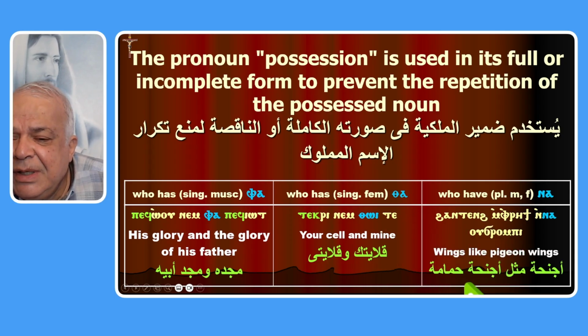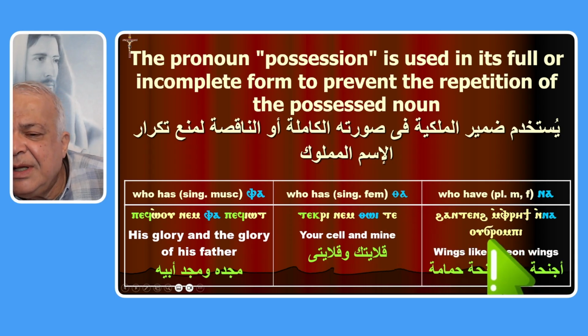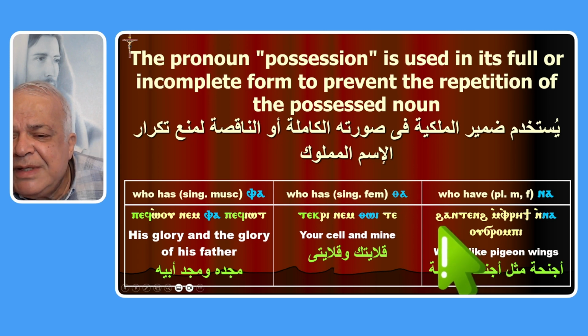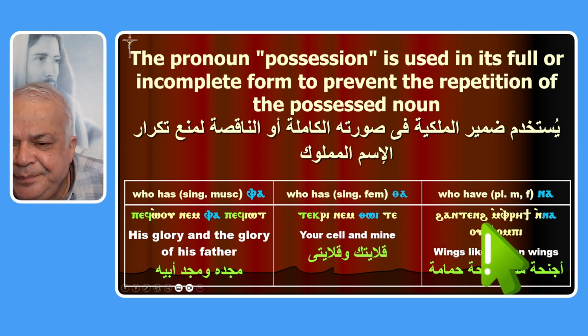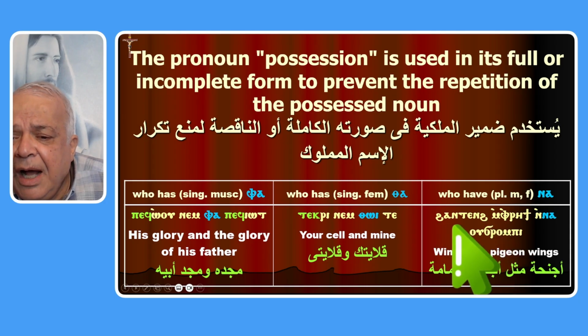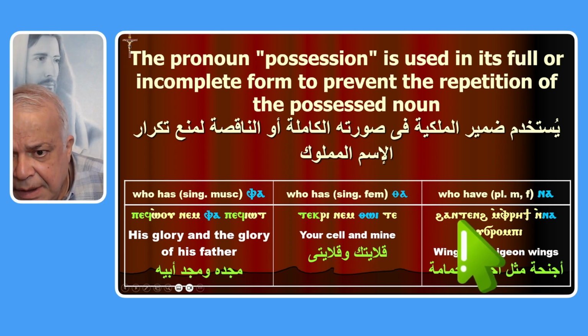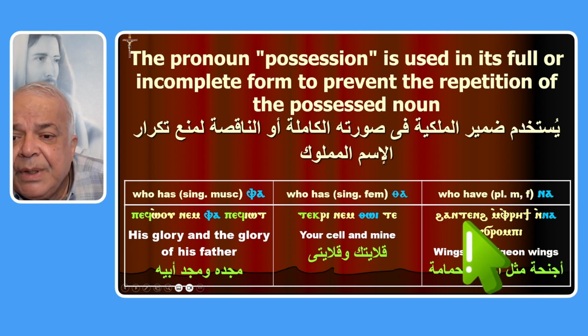One more expression. We say it in the church, in the prayers of the liturgy. When we say Han ten. Han here is the indefinite article for plural, masculine and feminine.